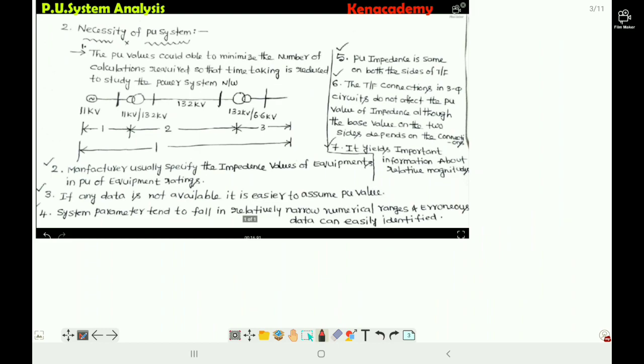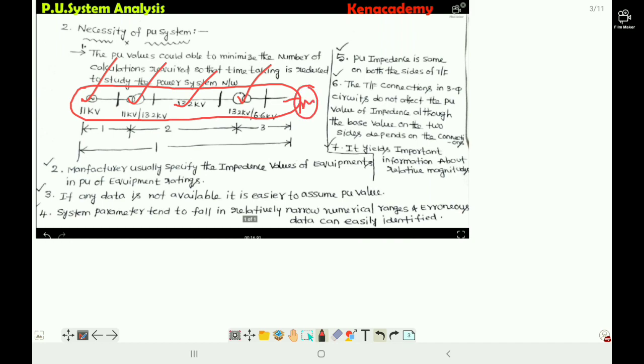One of the main advantages or necessities of the per unit system is this. Let us consider one power system network. We know that a power system network consists of a large number of components: a generator, transformers, transmission lines, and some load or motor.